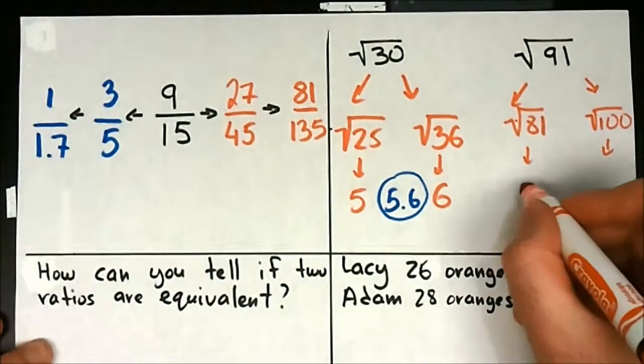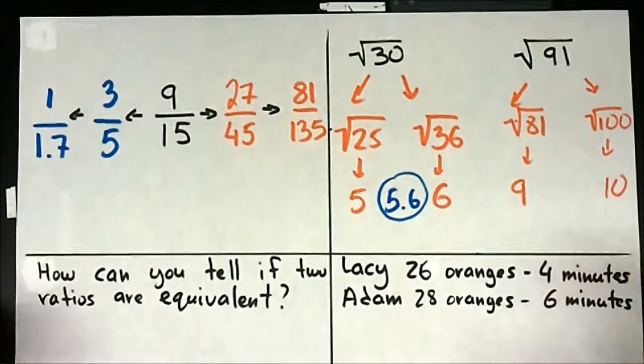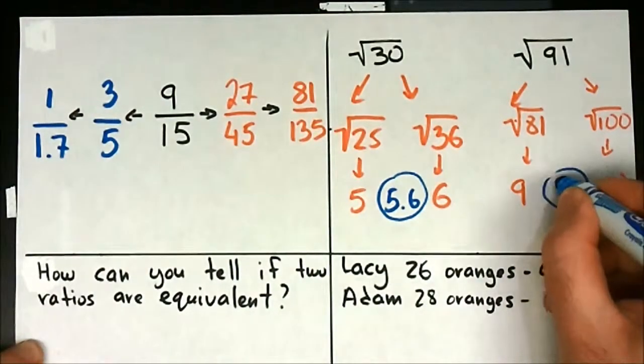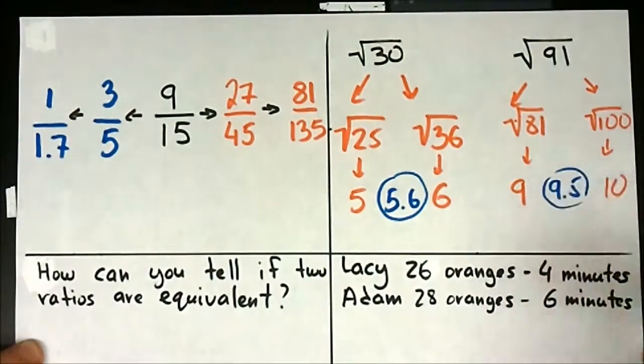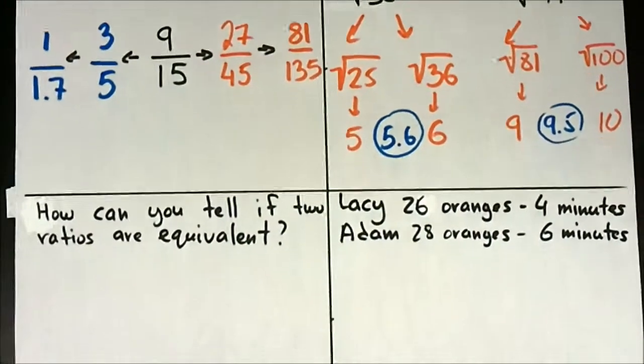For 81 it's 9. For 100 it's 10. And then of course, what is our estimate for 91? 9.5. And that's a pretty decent estimate here. Question about the second problem? Alright, let's move on then.